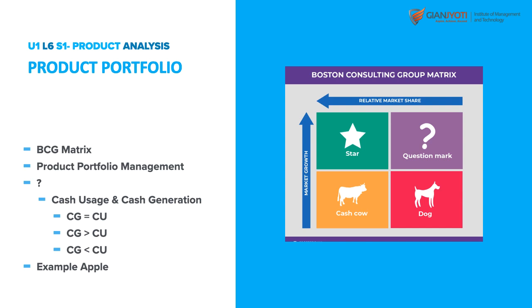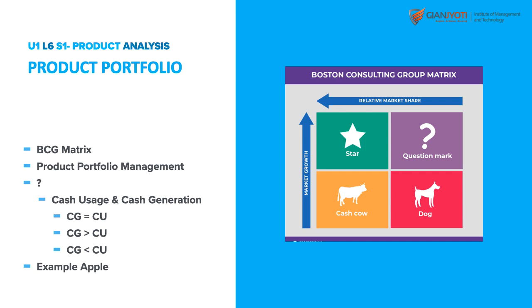We'll look at when the market growth is not there and market share is also not growing. We call that the red one, which is the dog. Here there is no market growth for that product, and also the market share of your product is not increasing because there is no market growth.